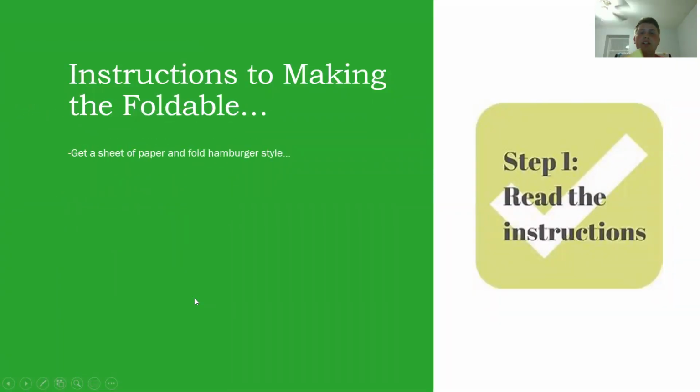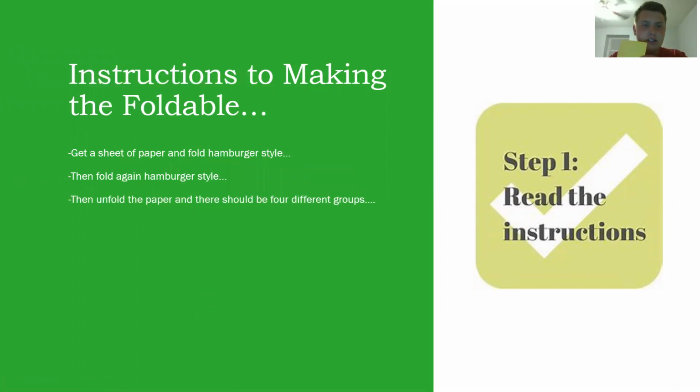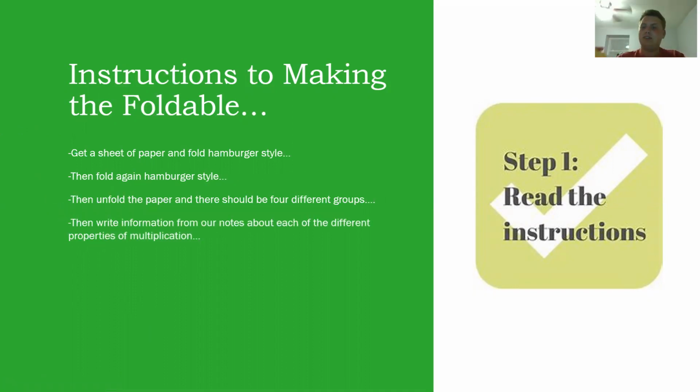First we get a sheet of paper and fold it hamburger style. Then you fold it hamburger style again, just like that. Then you unfold the paper and you get 4 different groups. Then you write the information from our notes in there.